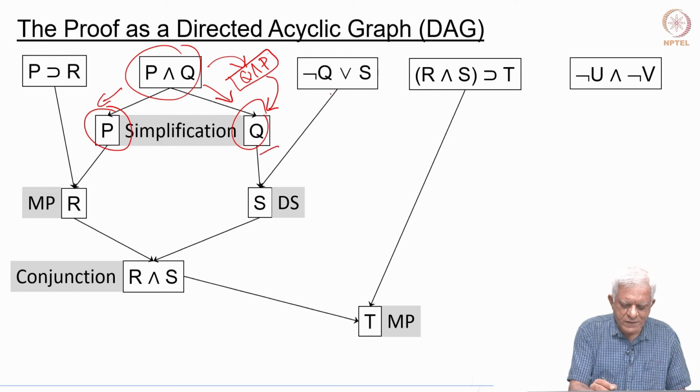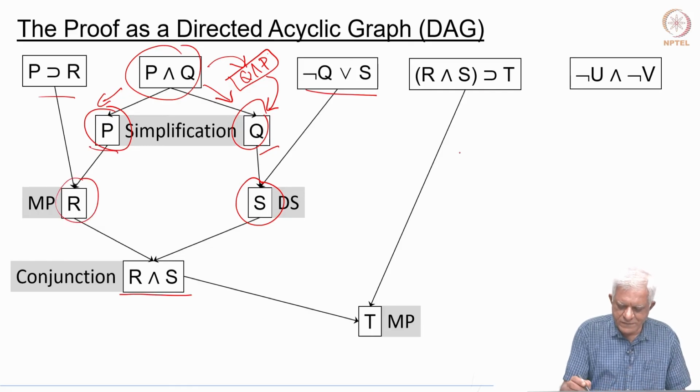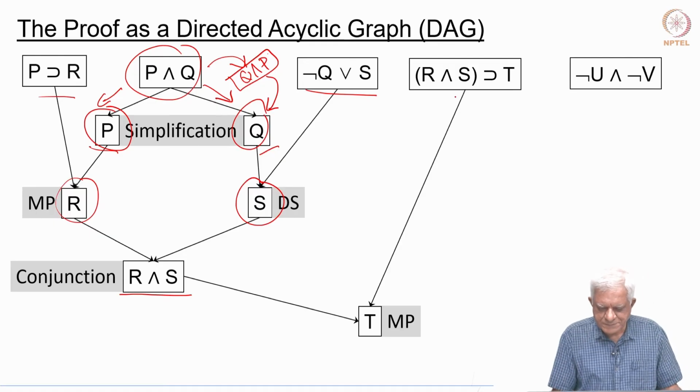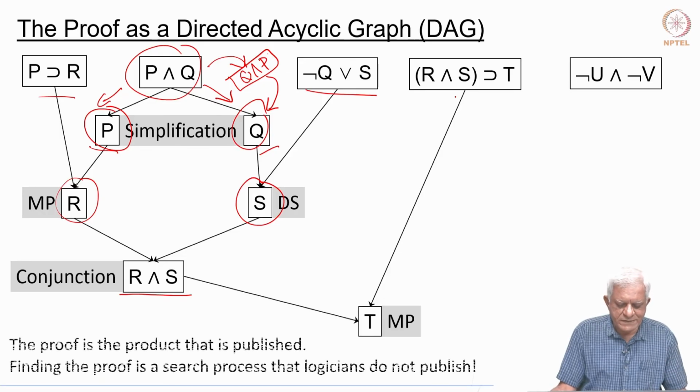Then from Q and not Q or S we can get S, from P and this thing we can get R, then from S and R and S we get this, and then from this we get this thing. So, this is just another way of showing the proof, and we will use this approach once in a while in our course here.